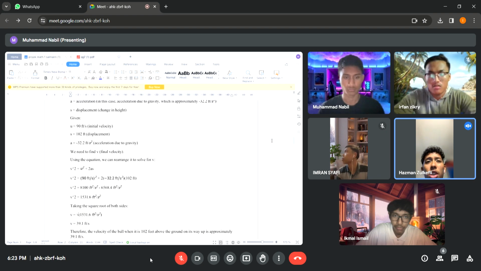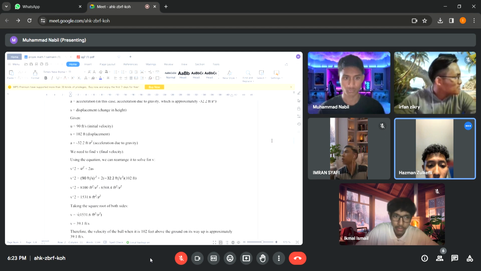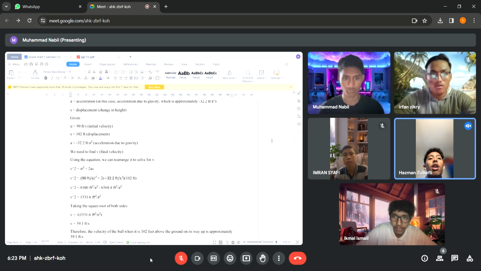We need to find the final velocity, which is v. Using the equation, we can rearrange it to solve for v. So we just insert all the information that we have into the equation, and the final answer is 1531.6 feet per second.